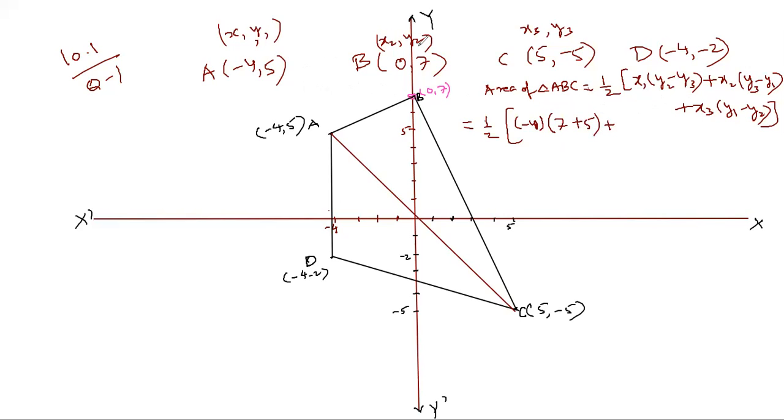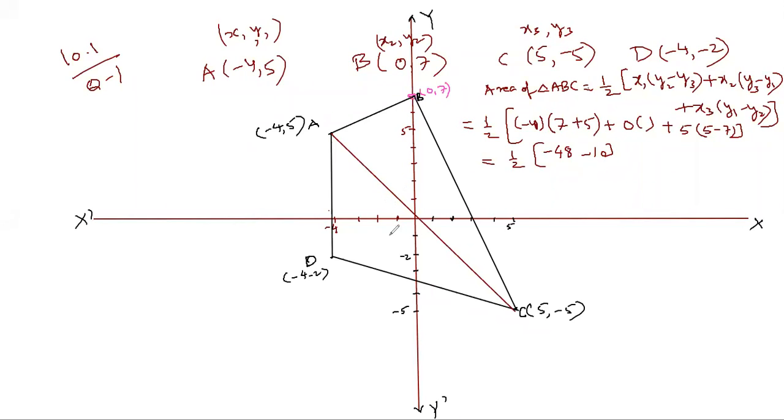Plus x2, which is 0, so no need to put anything because it will become 0. Plus x3 which is 5, into y1 minus y2, 5 minus 7. So 1 by 2, minus 4 times 12 is minus 48, and 5 times minus 2 is minus 10, so minus 48 minus 10.